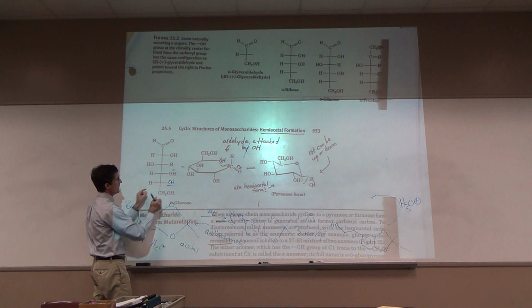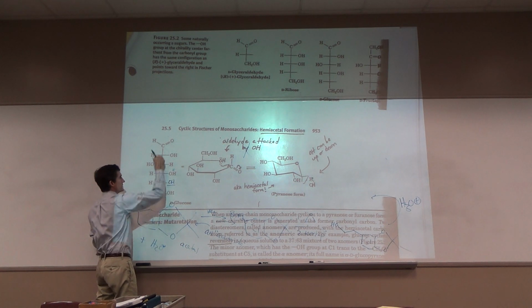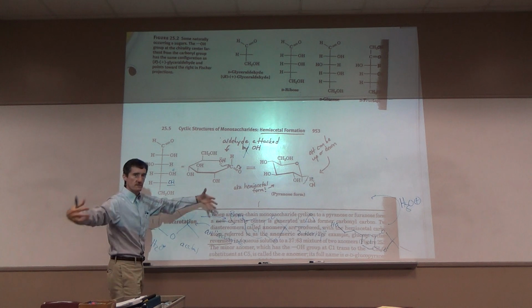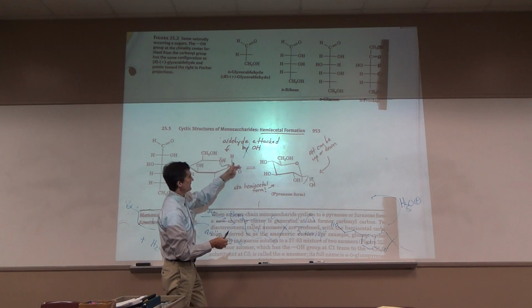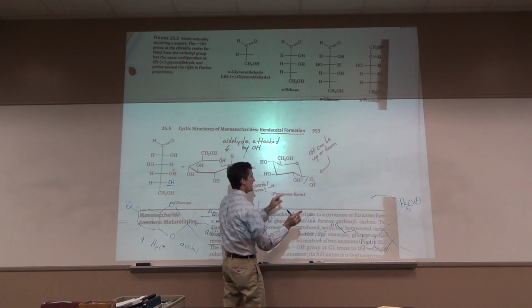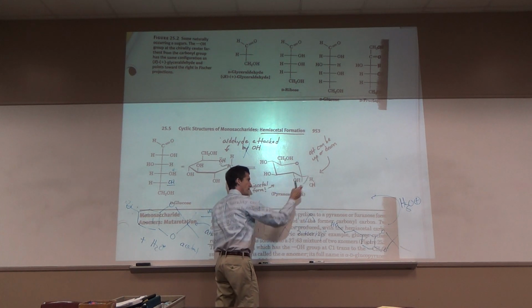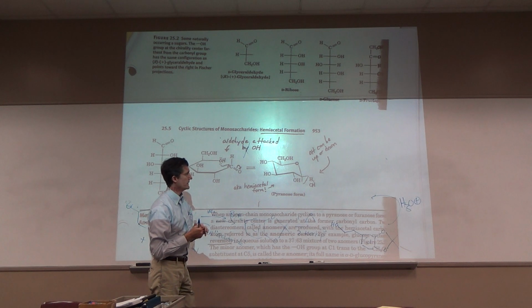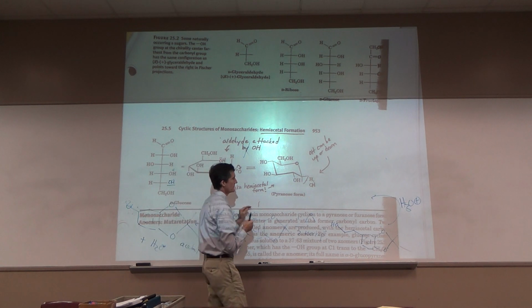Shame on that. 1, 2, 3, 4, 5, 6. This OH attacks the carbonyl, a 6-membered ring right here. Now here they're showing it very generically, they also lost their OH there. Somebody had a bad day here.